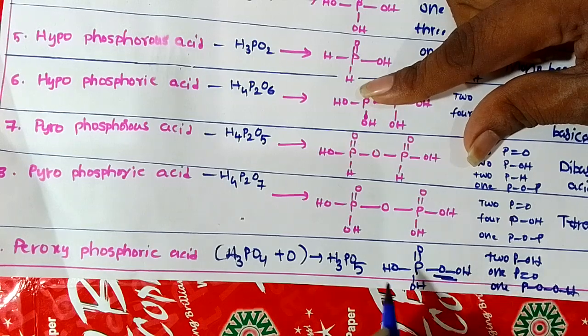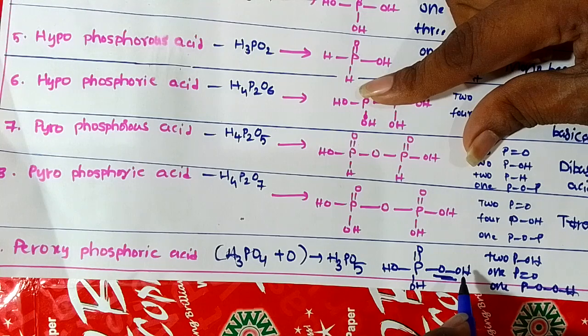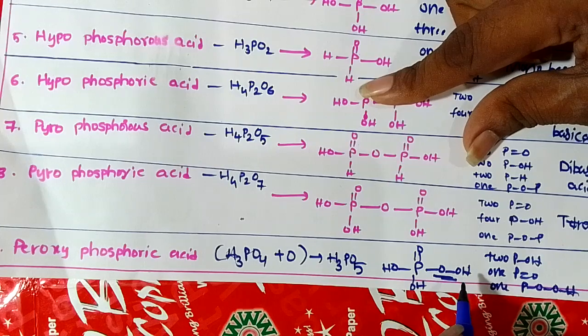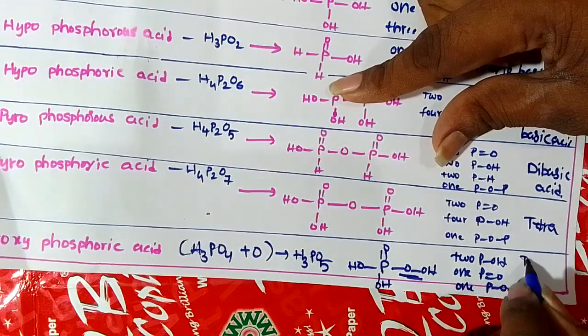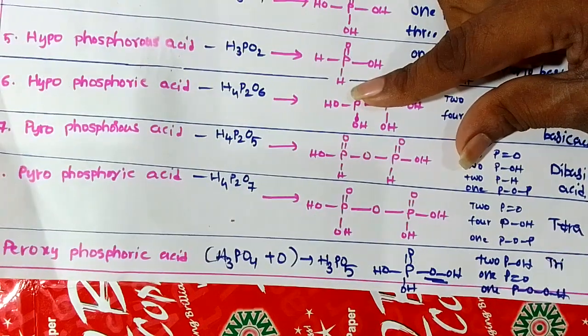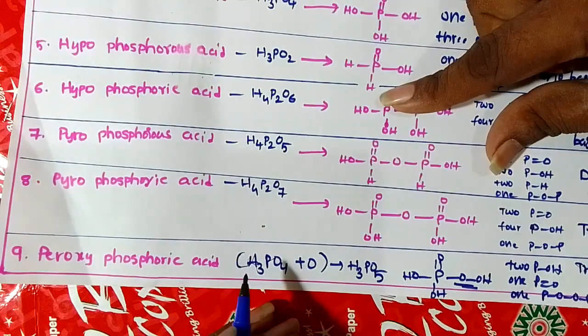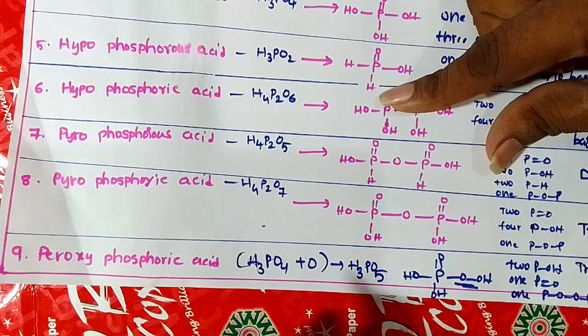Now it is also a tribasic acid, because it contains three OH groups and three acidic hydrogens present. That's why these three hydrogen atoms can be replaced with a base. But it contains a peroxy bond. So in the examination you can ask: in peroxyphosphoric acid, how many P-OH groups are present, how many P=O groups are present.